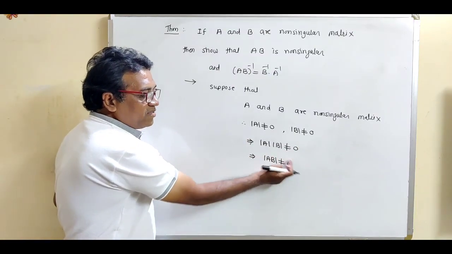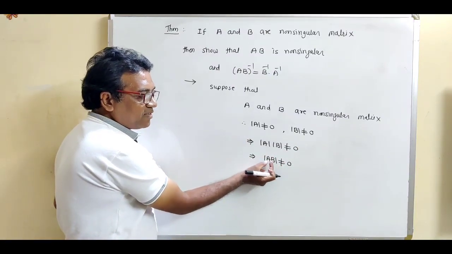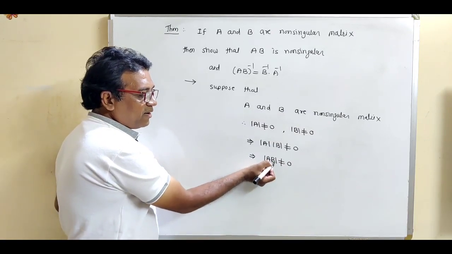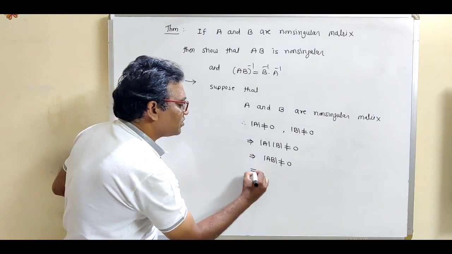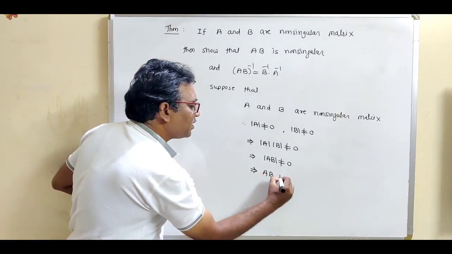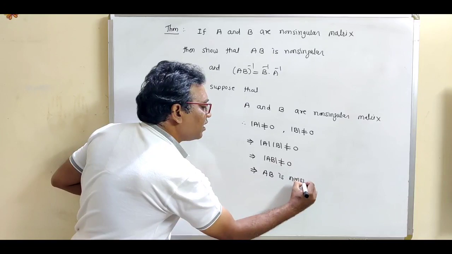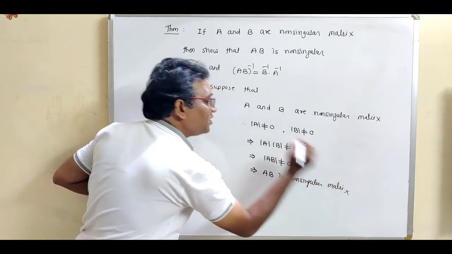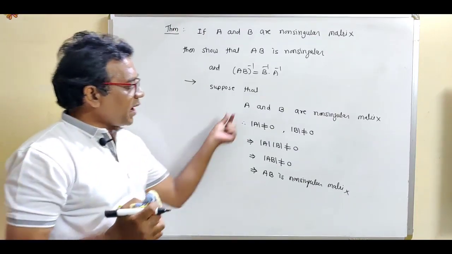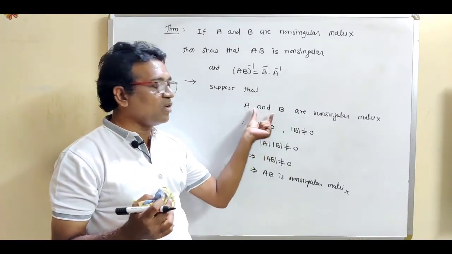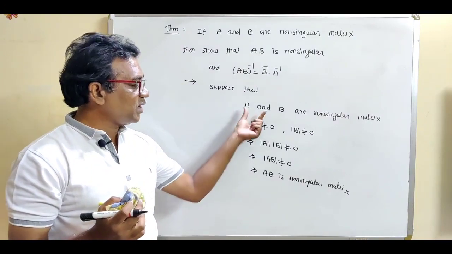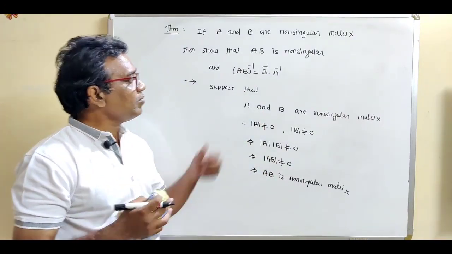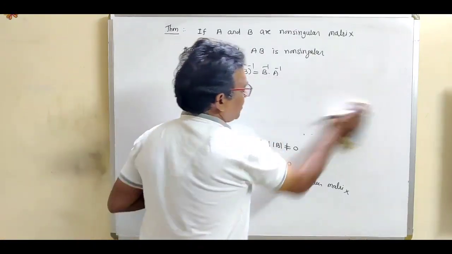So if the determinant is non-zero, then this matrix is said to be a non-singular matrix. So by this definition we can write here that AB is a non-singular matrix. So we have shown that this AB is a non-singular matrix. So see, this is the first proof. If the matrix A and matrix B are non-singular matrices, then their product AB is again a non-singular matrix. Now let us prove this second statement.